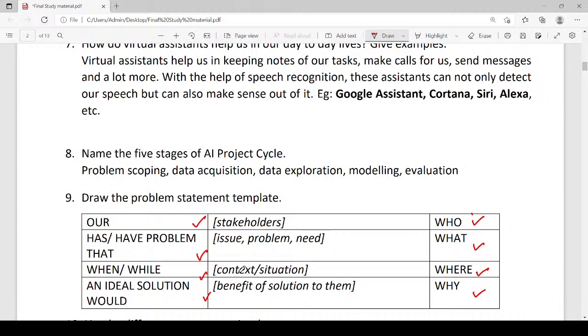So you may be asked to draw the template or come up with the problem statement template. This is a possible question which may come. I'm just going through everything in detail, Rashmi Rekha, so that we don't miss out on anything.